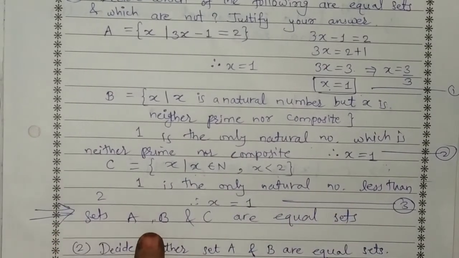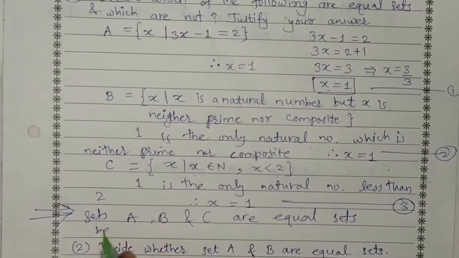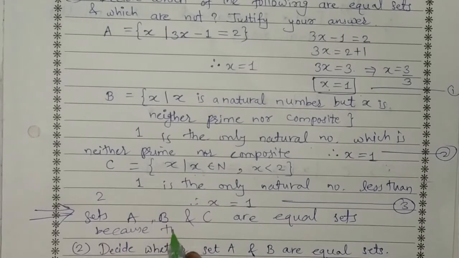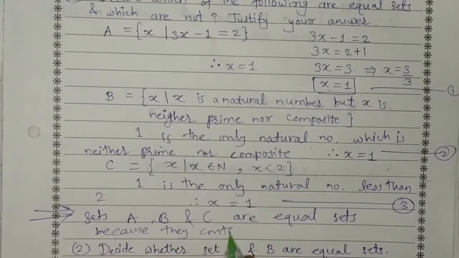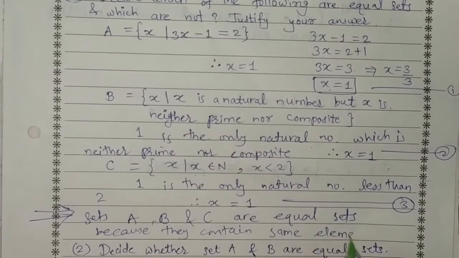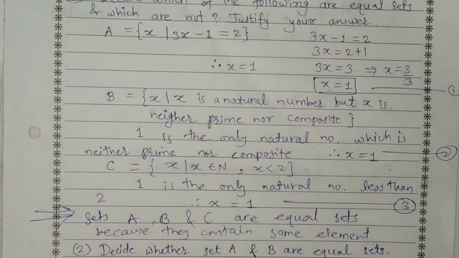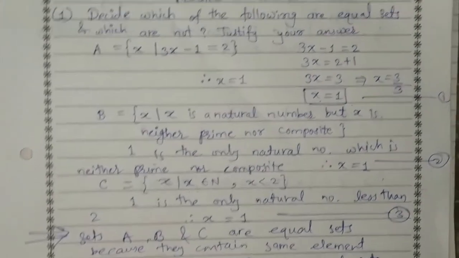We conclude that sets A, B and C are equal sets. Why? Because they contain the same element. And which is that element? That element is 1. In this way we have justified our answer.